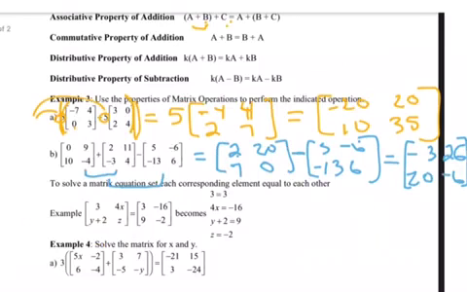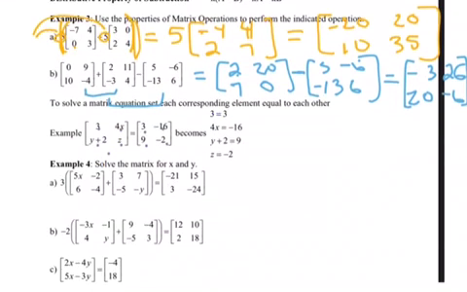So first, if I have an equation set up where I have a matrix equals another matrix, corresponding pieces are equal to each other. So the top left should be equal, the top right, the bottom left, and the bottom right.